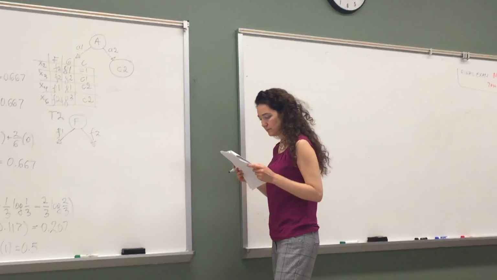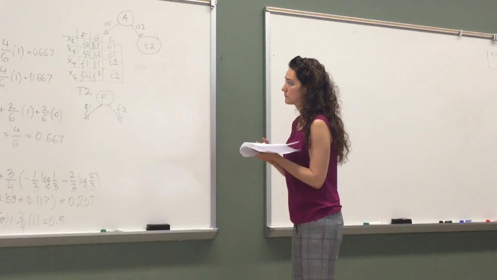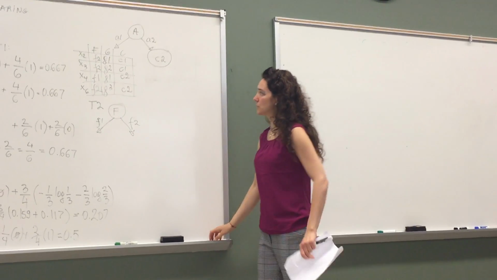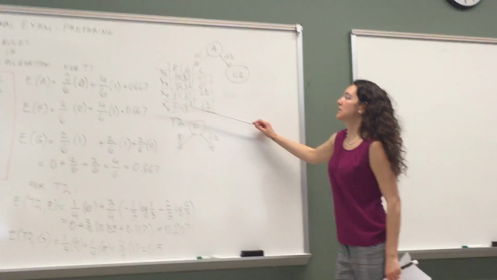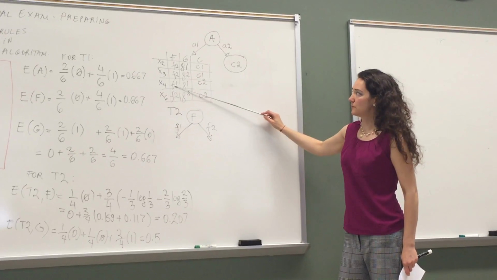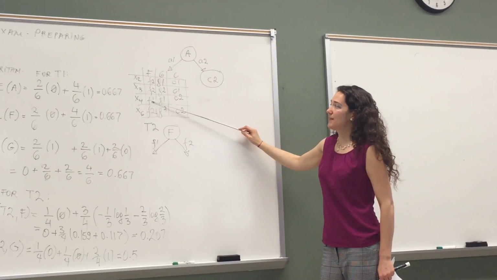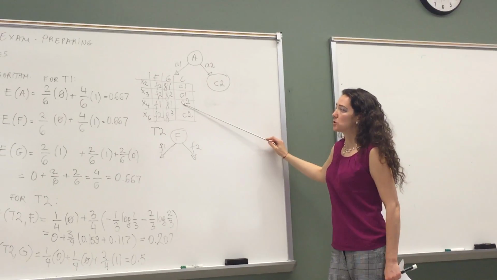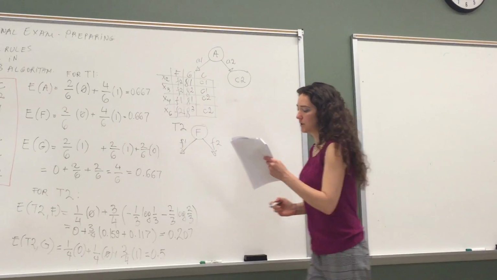For F1, there is only one object that has F1. That object is X4, which means that we have a leaf. If F is 1, then C is 2. So we're just gonna create a leaf here and say C2.